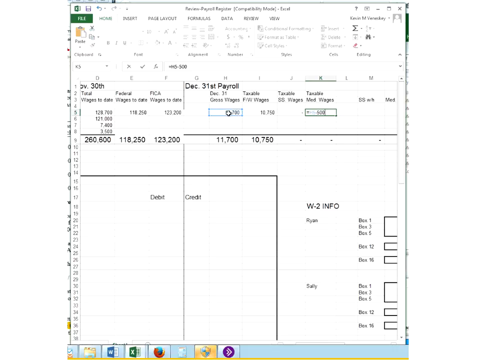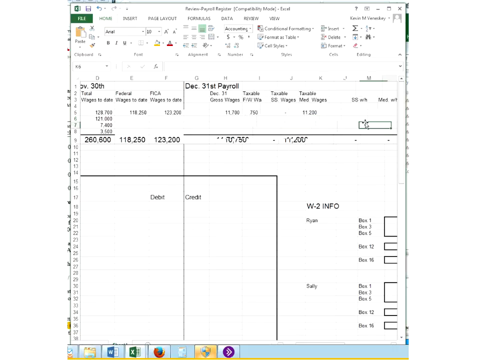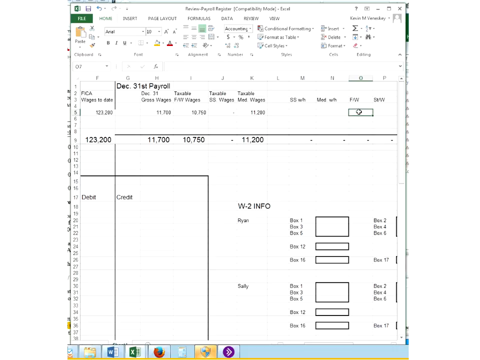And then Medicare will be the 11.7 minus just the 500 in medical premiums that were deducted. Remember, for Medicare, they do tax your 401k withholdings. This is the only individual that I'm going to have to do the long method for the federal withholdings. Social Security would be obviously nothing.